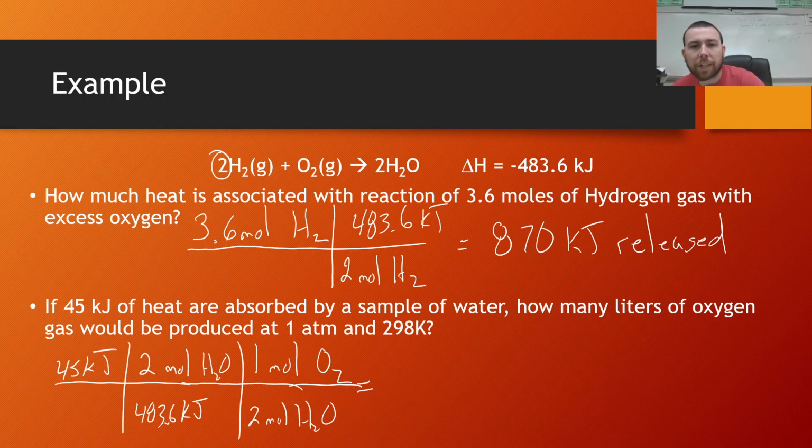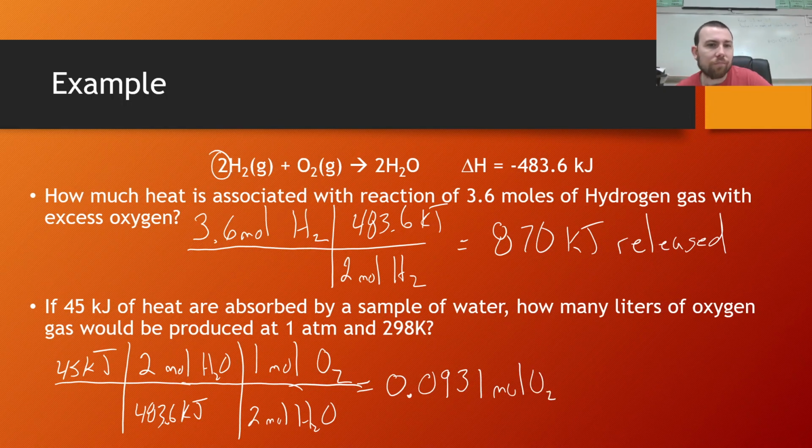And so from this particular process, we've got 0.0931 moles of O2 that's produced.